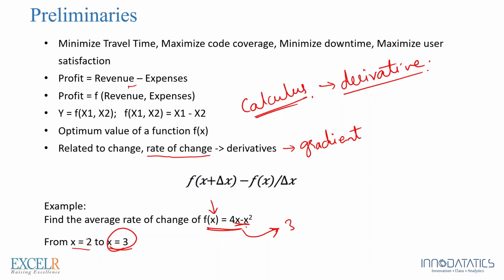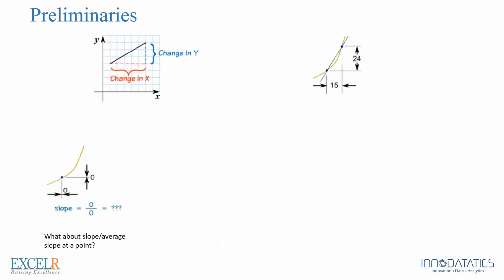And substitute the value 2 here. So this is substituting x equal to 3. This is when you substitute x equal to 2. And when you solve it, you'll get a value that is called the rate of change, or derivative, or gradient. These all mean the same, right?